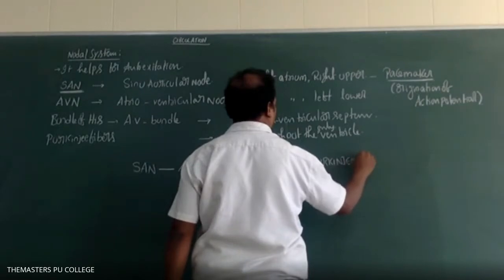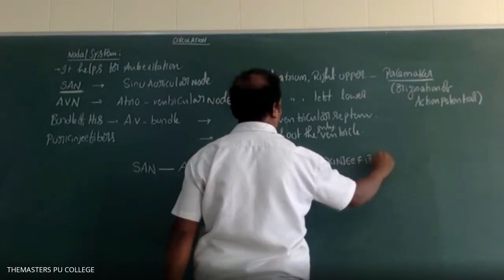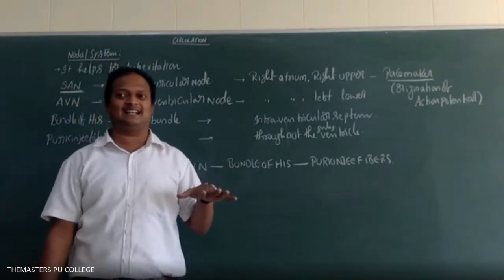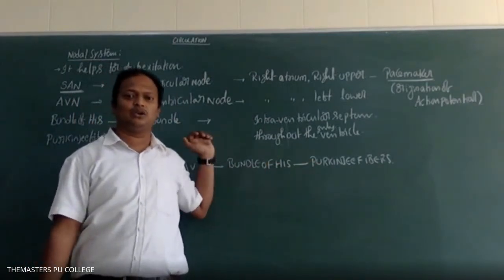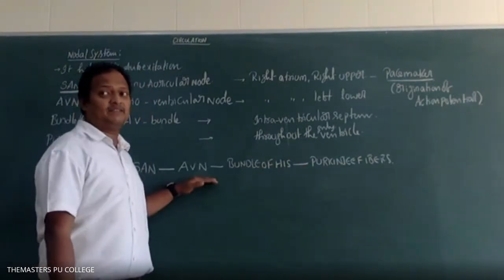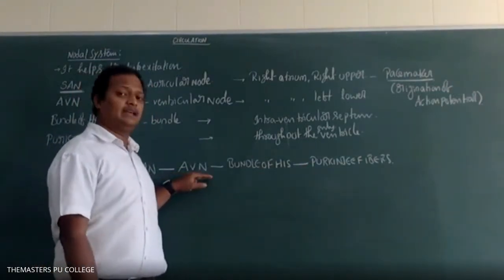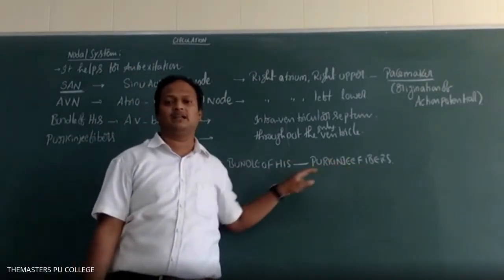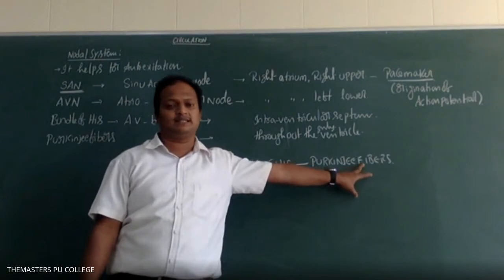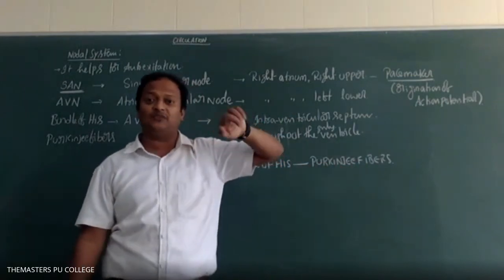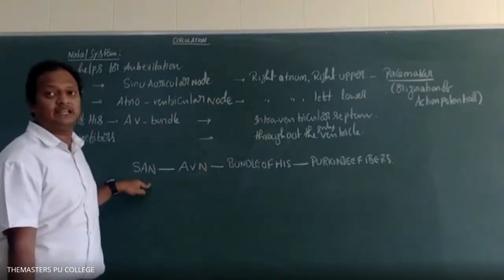Purkinje fibers to where? In Purkinje fibers, it degenerates. It does not return back to SAN. Only one way: SAN to AVN to bundle of His to Purkinje fibers. In the Purkinje fibers it degenerates. Again, a fresh action potential is generated from the SAN.